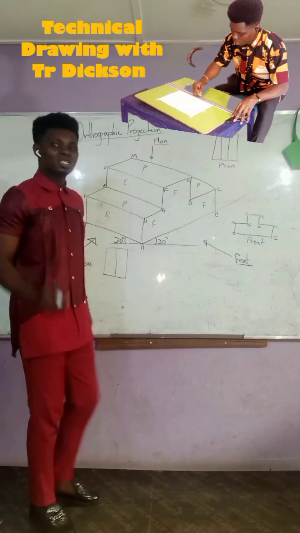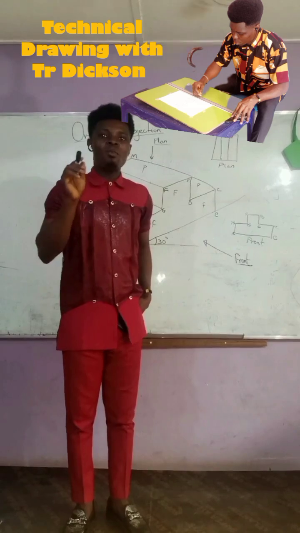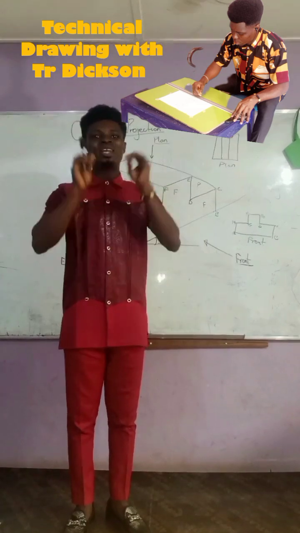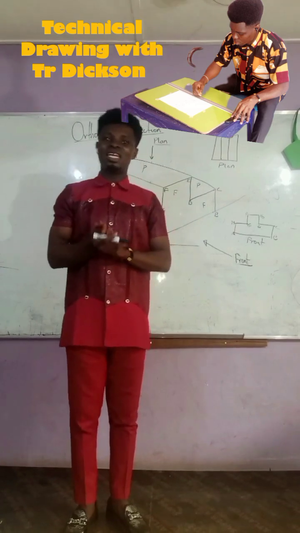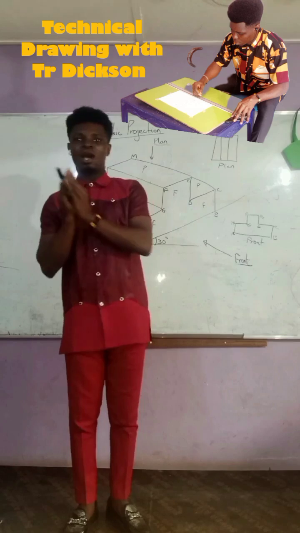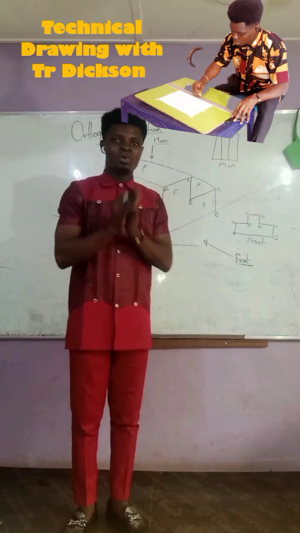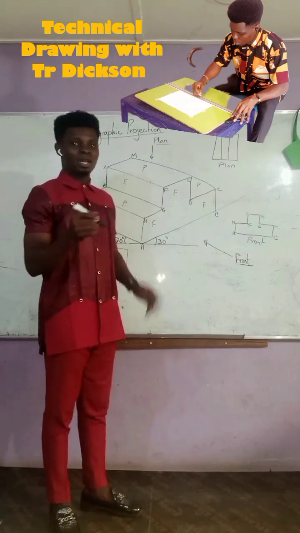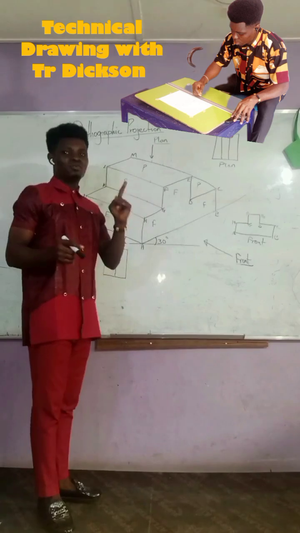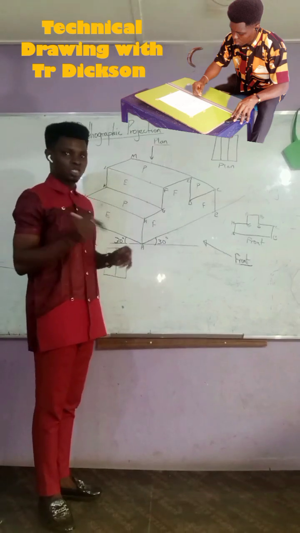But before we go into that, we will first look at what we call the third angle projection. The ones we use typically in Nigeria are the first angle and the third angle. We do not use the second angle here. Those are the two we want to take a look at, but first we want to use the third angle projection.